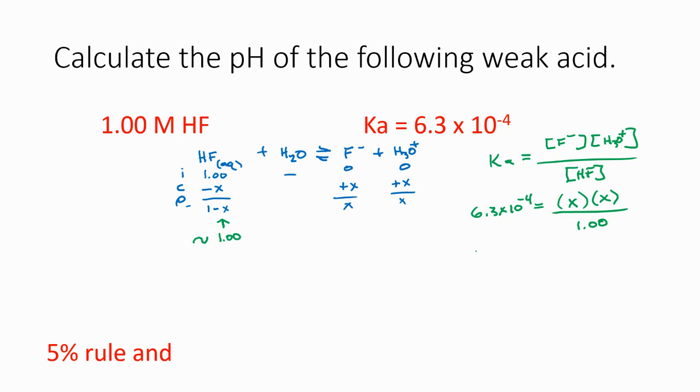So essentially here, 6.3 times 10 to the minus 4 is equal to x squared.